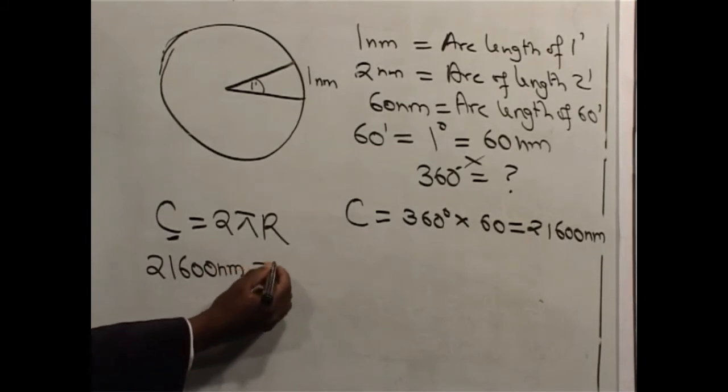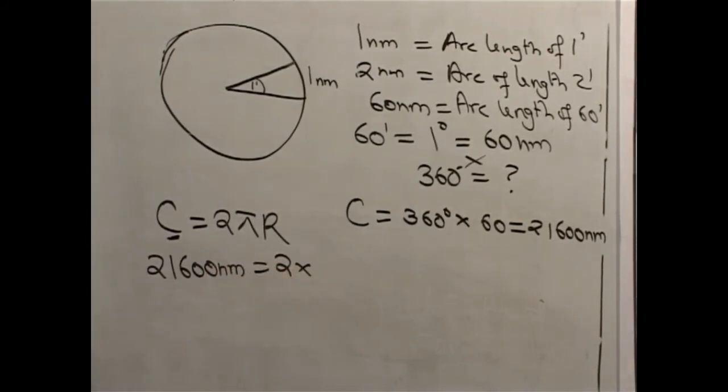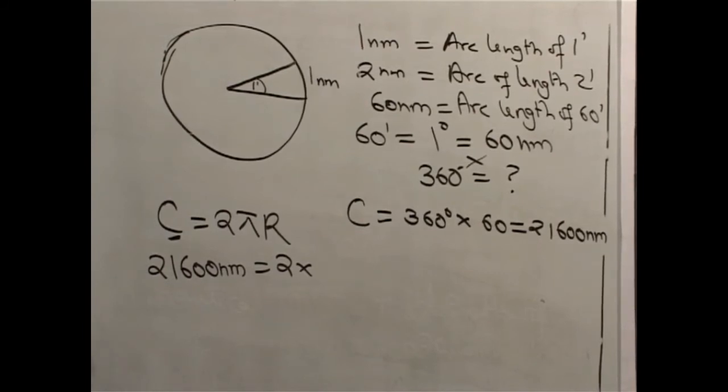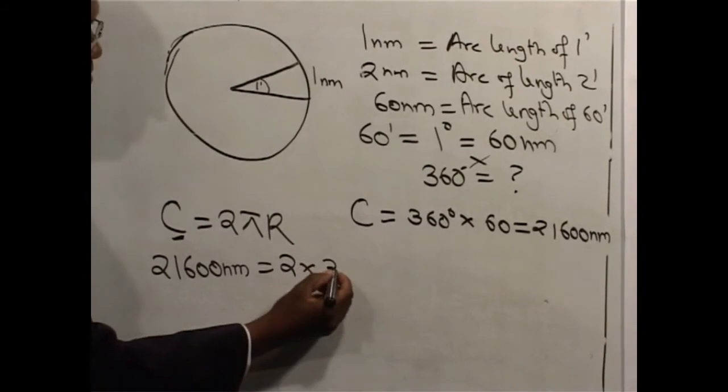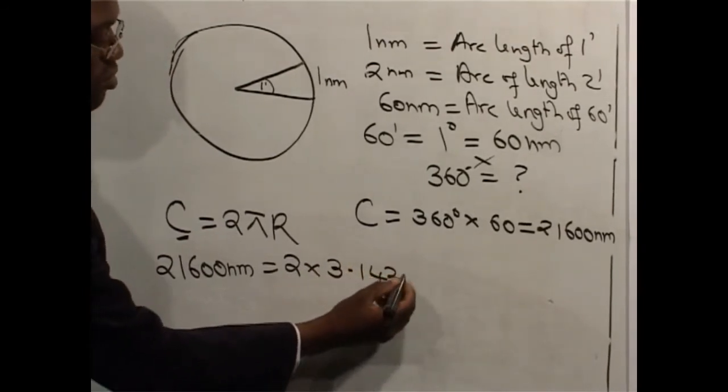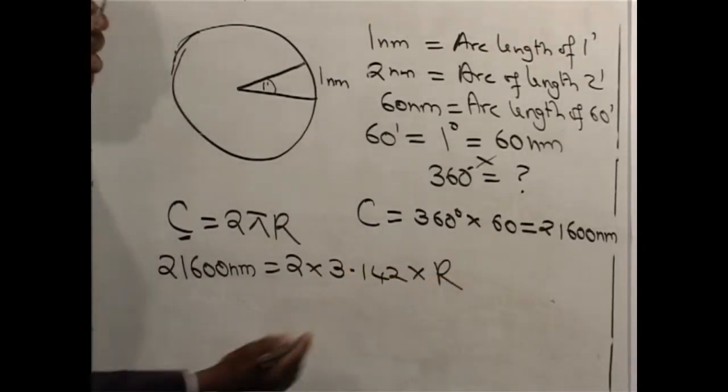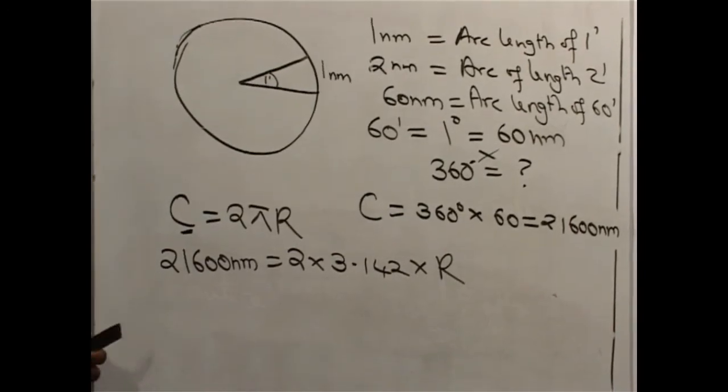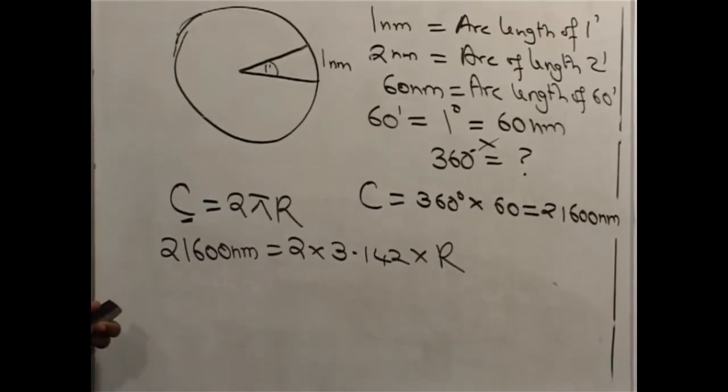It's equal to 2 multiplied by, we are going to use pi to be 3.142 from your calculator, 3.142 multiplied by r, where r is the radius of the Earth.